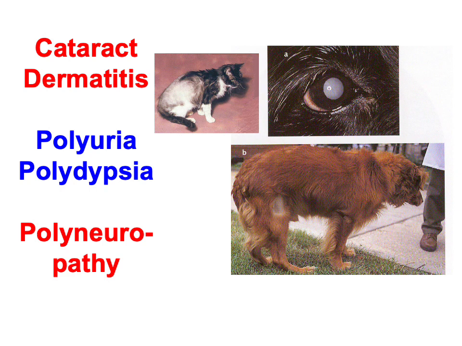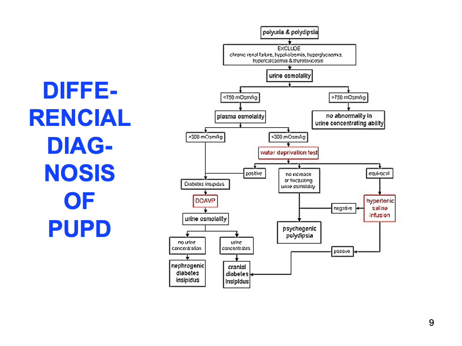Be careful. Polyuria, polydipsia, you can imagine, and on the right you can see a polyneuropathy. Only for your preparation for the clinics, I show you the algorithm of the differential diagnosis of polyuria and polydipsia.